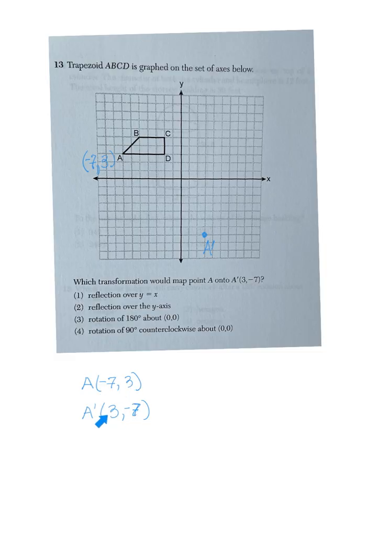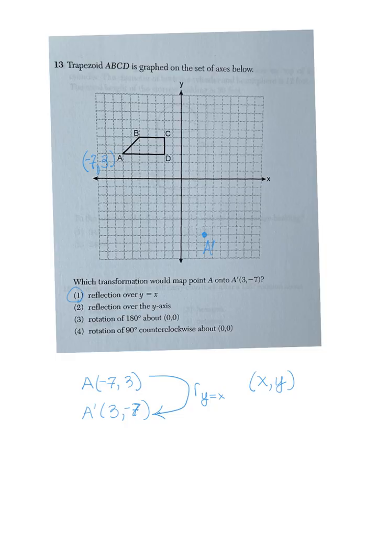So when we switch X and Y around, there's a rule that you should know. And that rule is it's a reflection in the line Y equals X. Okay, so a reflection in the line Y equals X, which is choice 1, will take a point, now I'm just making up X comma Y, because X could be anything and Y could be anything depending on the problem.